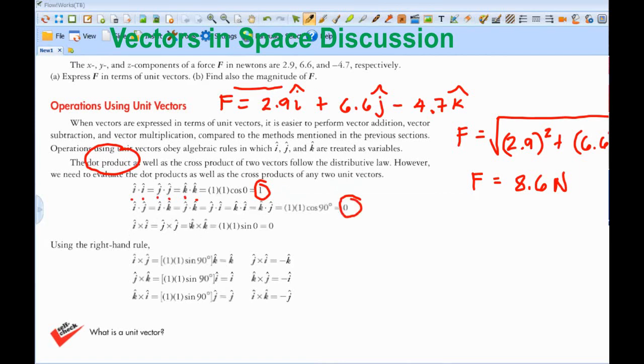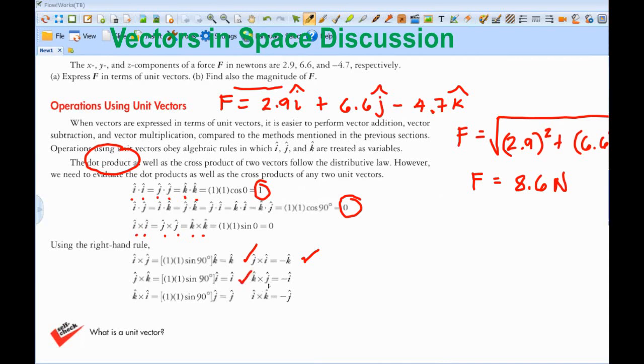Okay. So when it is a cross product, i×i, j×j, k×k is 0. i×j is equal to k. i×j is different from j×i, it's reversed: j×i is equal to negative k. j×k is equal to i.